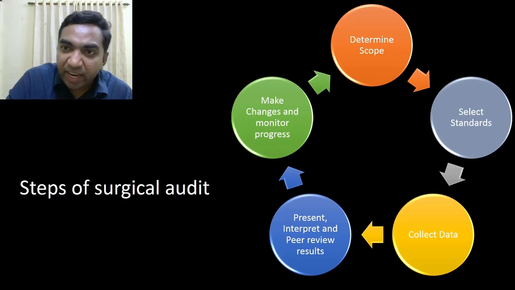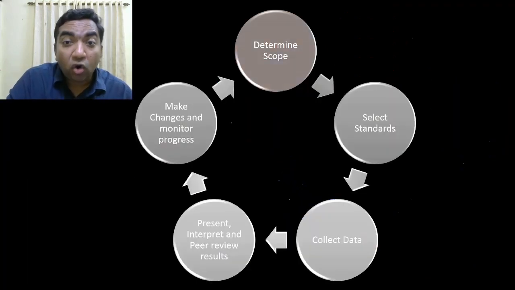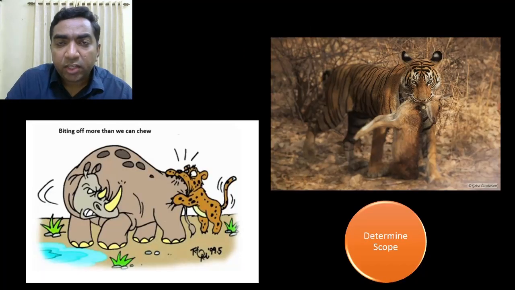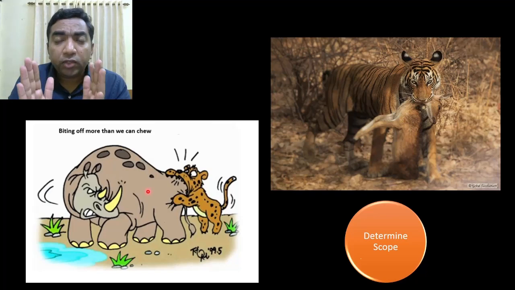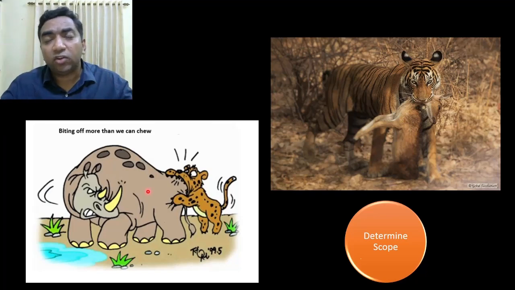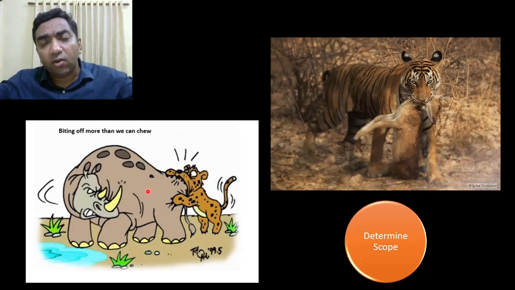So what is meant by determining the scope of the audit? It means that we should not bite off more than we can chew. We should not initially try to audit all the surgeries in the hospital, all the procedures done by plastic, neuro, gastro, uro, every surgery in the hospital.